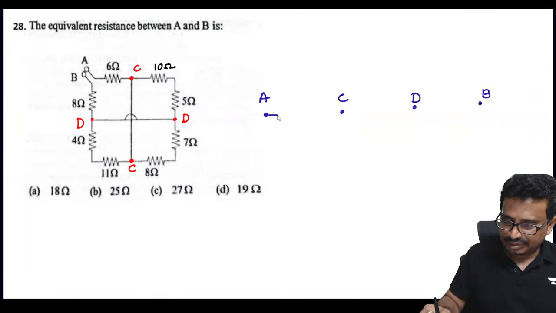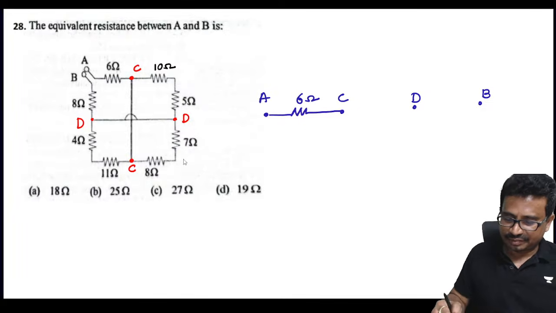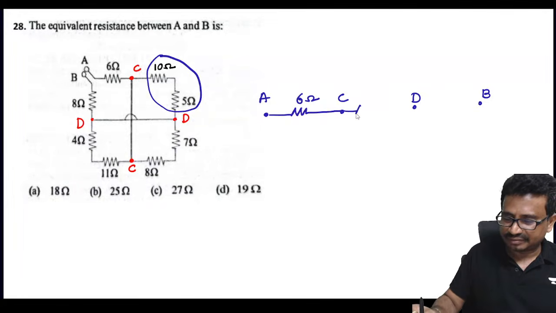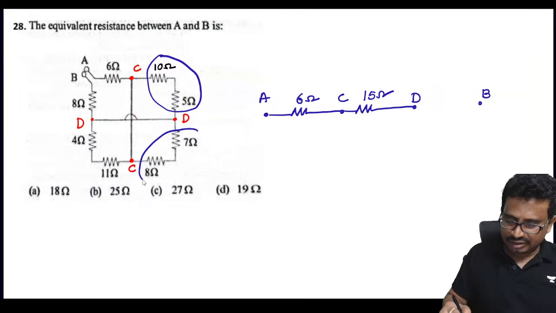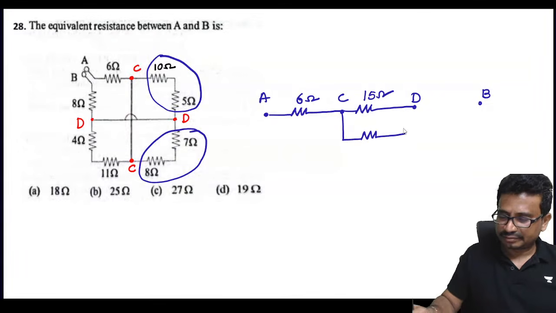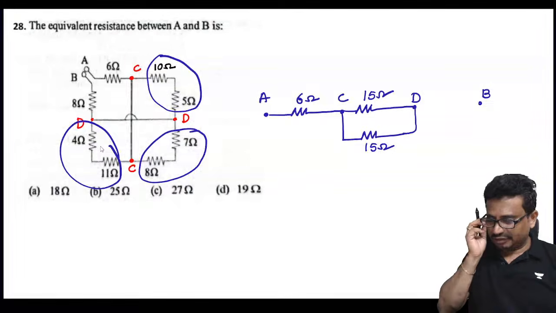From A to C, the resistance is 6 ohms. Now C to D is 15 ohms, and this is also C to D, 15, and this is also C to D, 15.